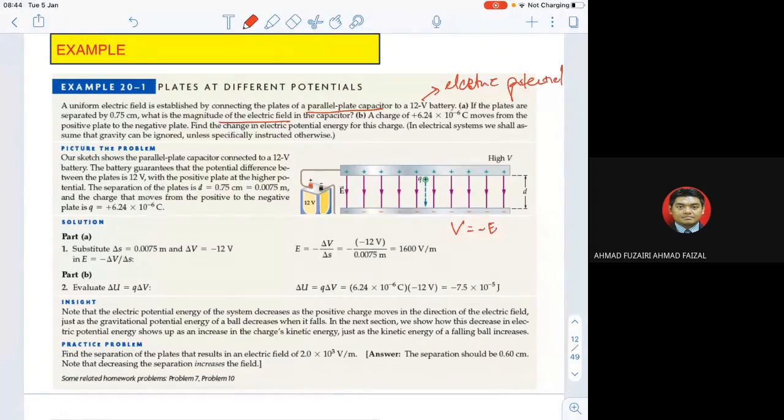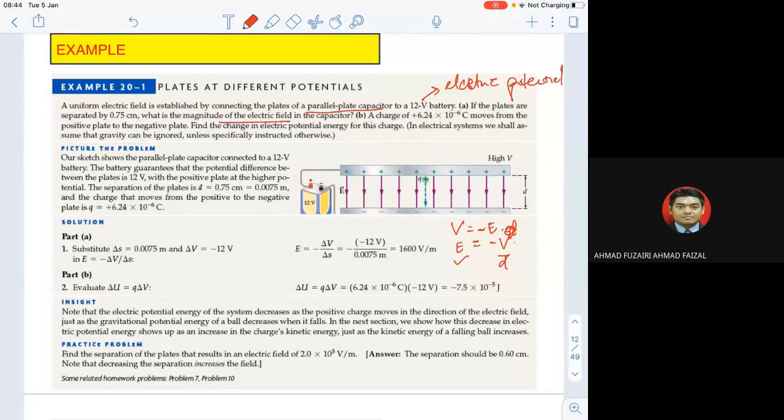So we show negative ED. V equals negative E dot D. Right now you want to know what is E. E is equivalent to negative V per D.